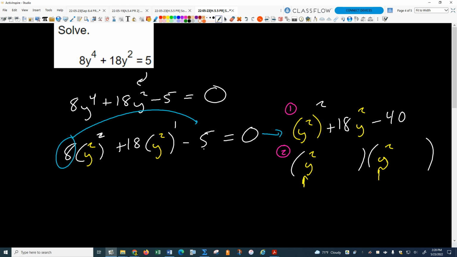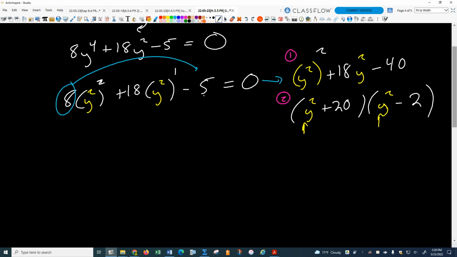So plus 20 and minus 2. Now what? Good. Divide by 8. So step 3 is we're going to divide each magic number by 8, by a. And then last step. Okay, but first you got to reduce the fractions if you can, right?